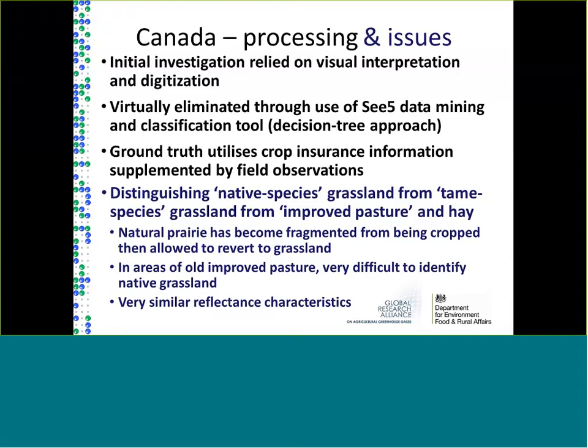And in areas of old improved pastureland, even for field workers standing in the field, it can be very difficult to distinguish between improved pastureland that's partially reverted and original native grassland. And certainly from an Earth observation point of view, they have very similar optical reflectance characteristics and properties.